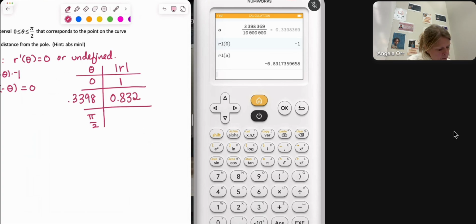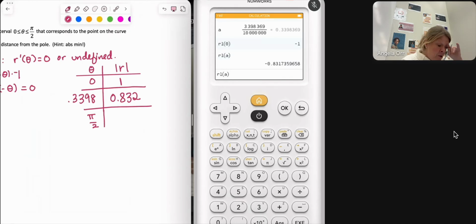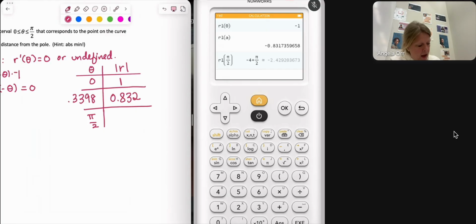And now I'm going to go back up and arrow over and hit OK to grab the R1 of A, and this time I'm going to change the value to pi over 2. And that gives me a value for R of -2.43. And so the magnitude of that is going to be 2.430.